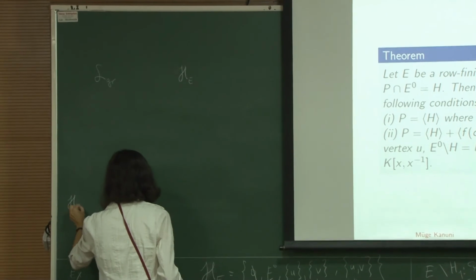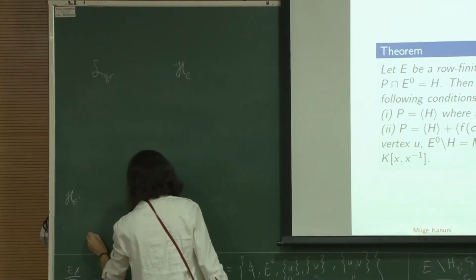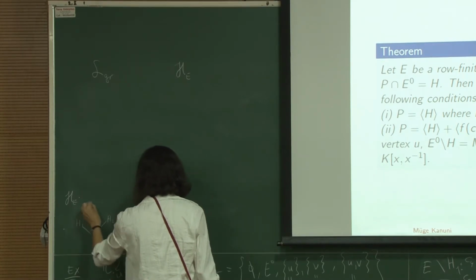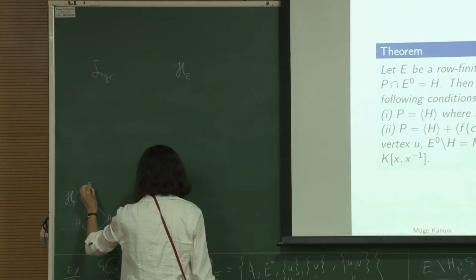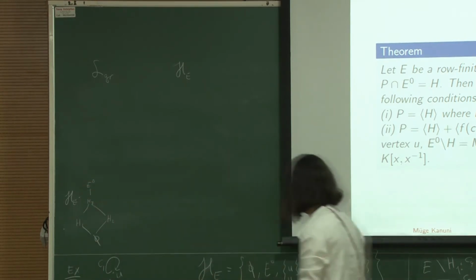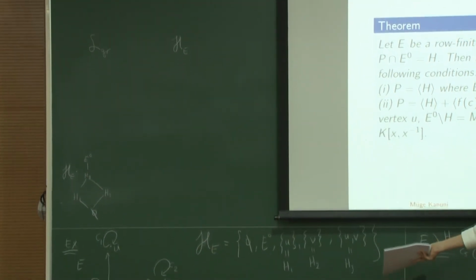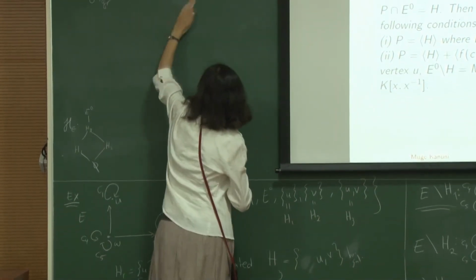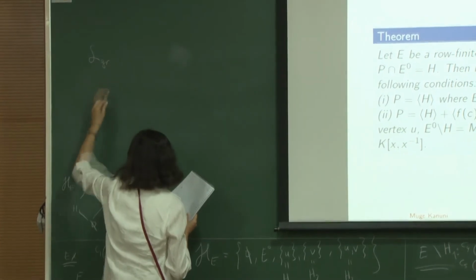Okay, I'll put a little graph here. You start with H0, you have H1, H2, H3, and the E0, right? That's the Hasse diagram for this guy. So I will have a similar lattice of graded ideal structure.